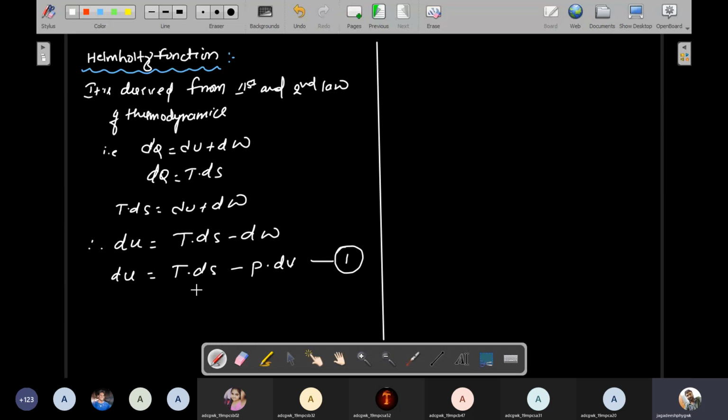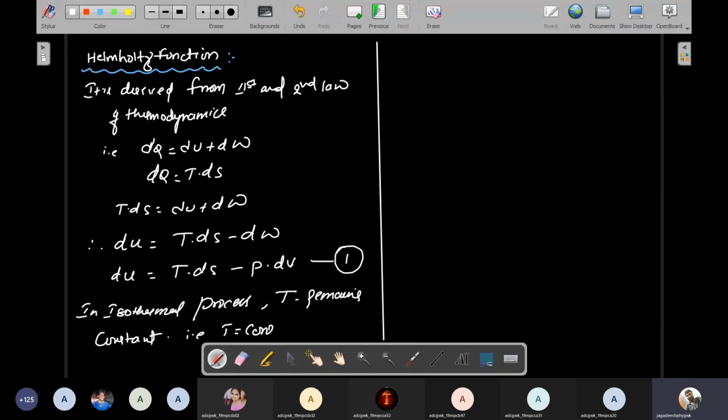Right now I want to derive the Helmholtz function. For that purpose, I consider an isothermal process. We already know that in an isothermal process, the temperature remains constant.